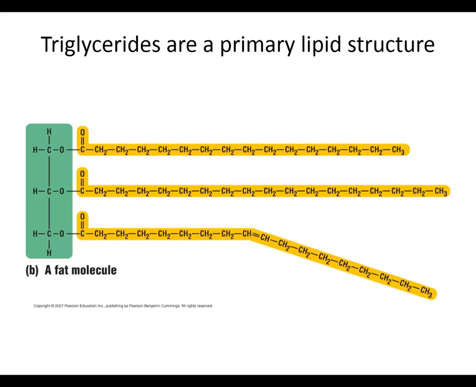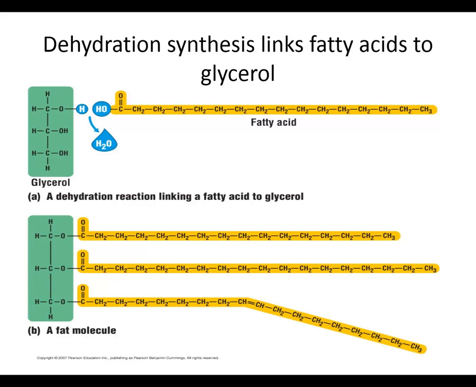The green thing on the left is called a glycerol molecule. Glycerol is strictly speaking a 3-carbon carbohydrate, right? If you remember carbohydrates having OH groups all over them, there's 3 carbons and each one has 1 OH group.